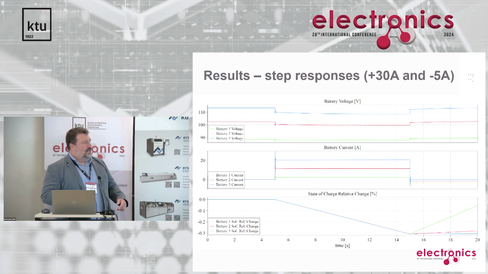And on the other hand, when there is regenerative braking, the state of charge of this one is 10%, but the current that flows to this module is the highest. So things change depending on the direction of current.